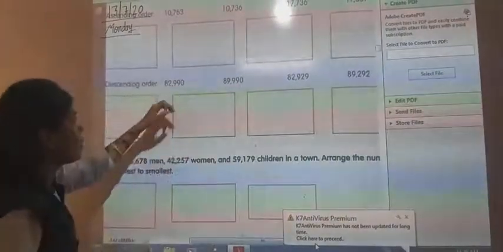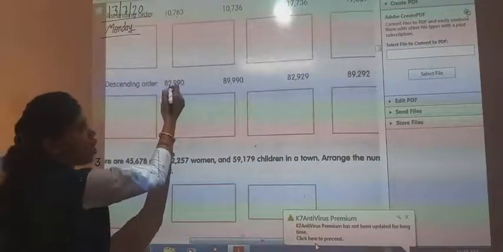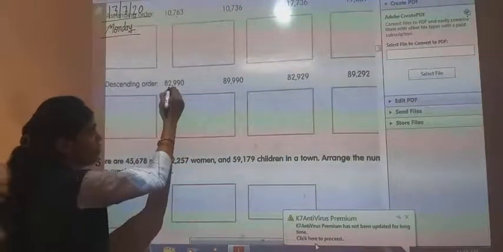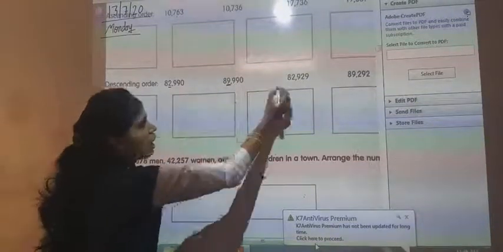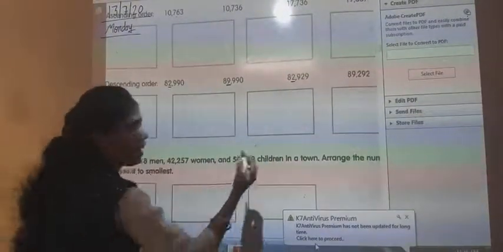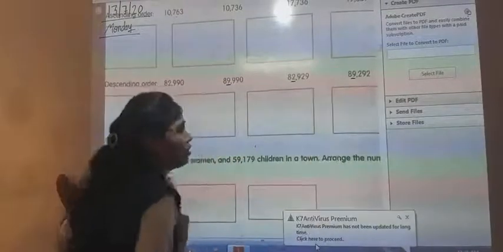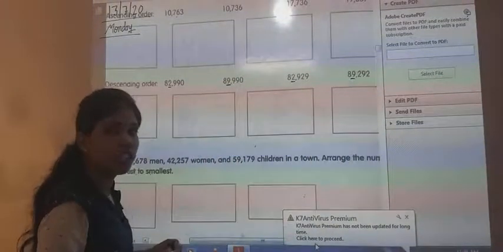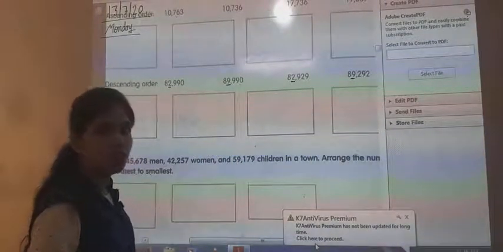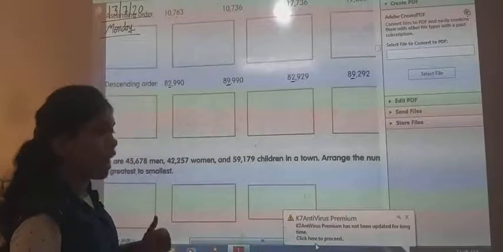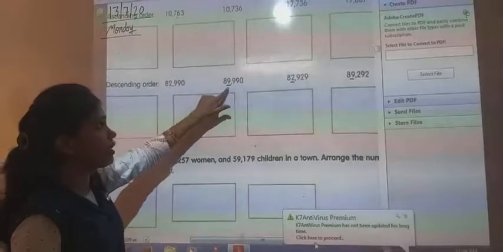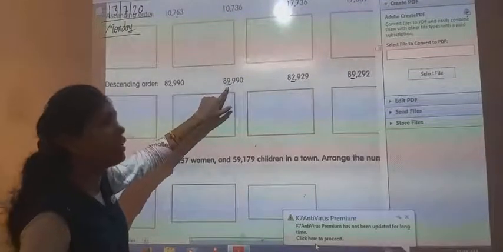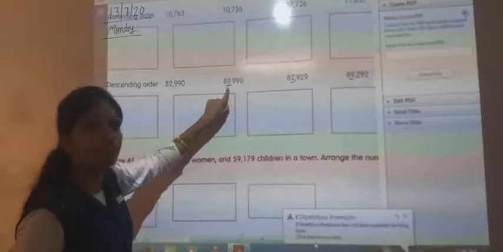Next place is 1,000 and in the first number we have 2, then 9, again 2 and again 9. So students, which one is greater? 9 or 2? Yes, students, right. 9 is greater. So we will compare all numbers where we have 9 in the 1,000s place.